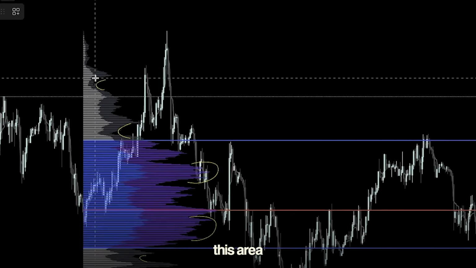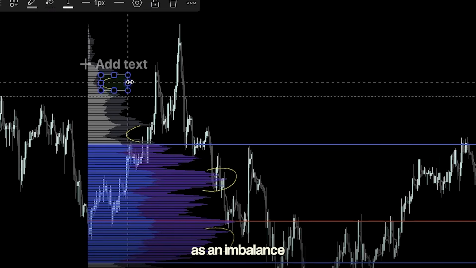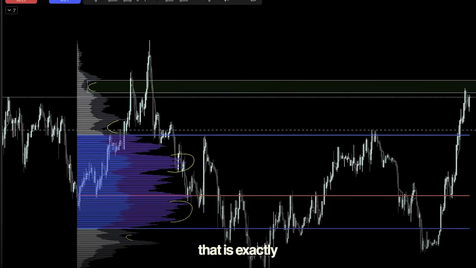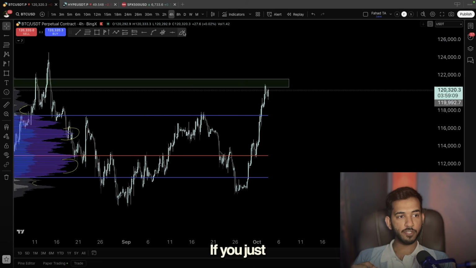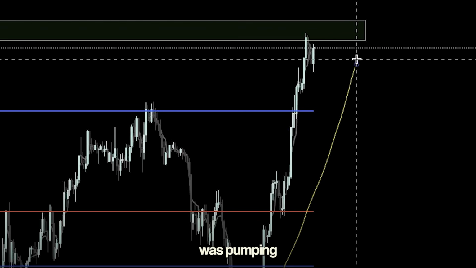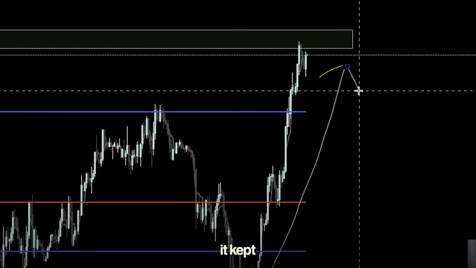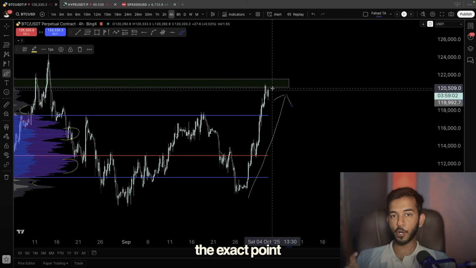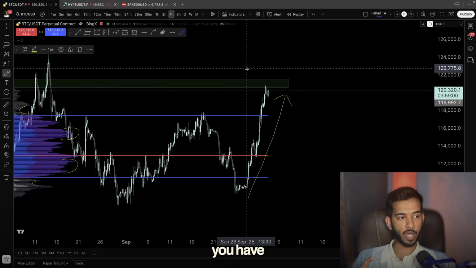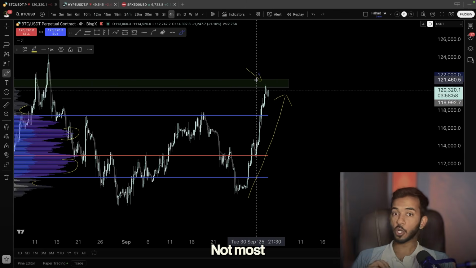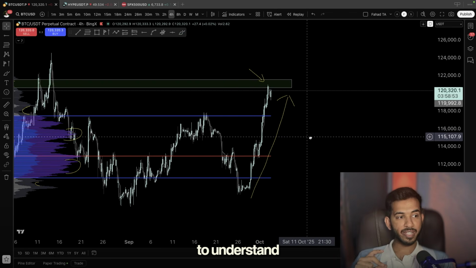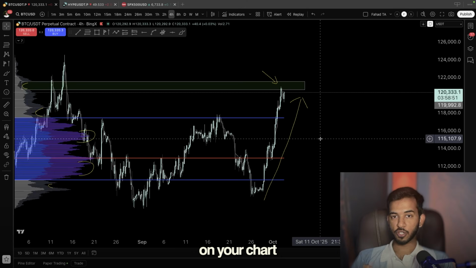If you mark this area as an imbalance and take it towards the right side, that is exactly where the market has taken a pause. If you just notice, the market was pumping literally in a one-way push, it kept on pumping, but the exact point where it took a halt was where you have the least amount of volume. Not the most amount of volume, but the least amount of volume. So it's very important to understand and mark these levels on your chart as well.